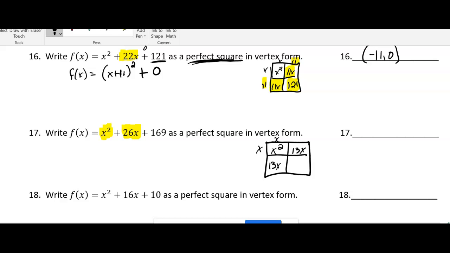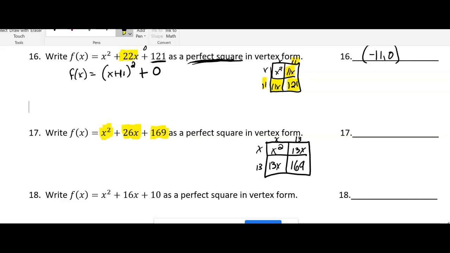That's why we've been dividing by 2 a lot today. It's telling us that this has to be a 13 and a 13. And when we multiply 13 and 13 together, we get 169, which is perfect. That's exactly what we would need.